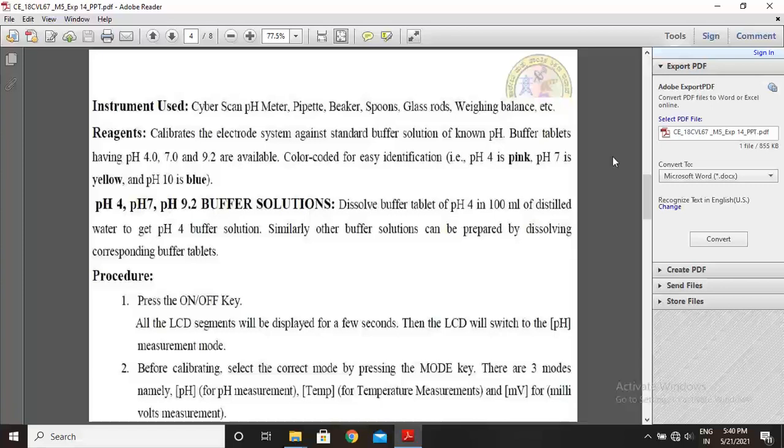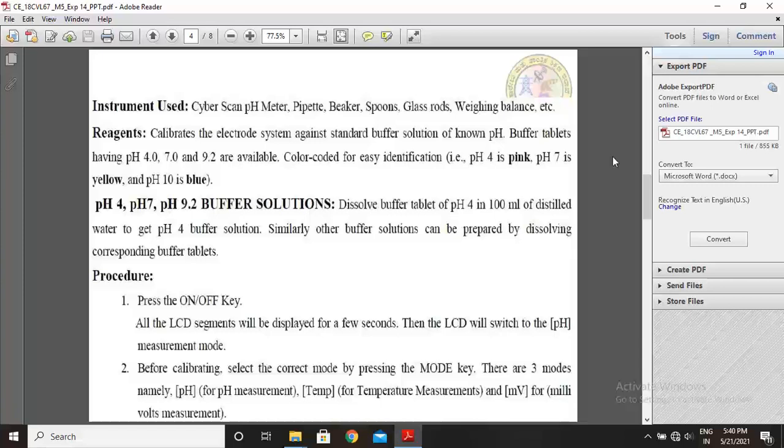They are color coded for easy identification: pH 4 is pink, pH 7 is yellow and pH 9.2 is blue. So these colors are identified based on the pH range. Now pH 4, pH 7 and pH 9.2 buffer solutions are required.